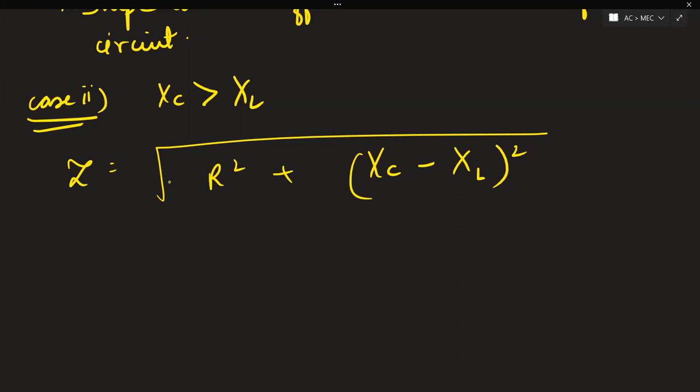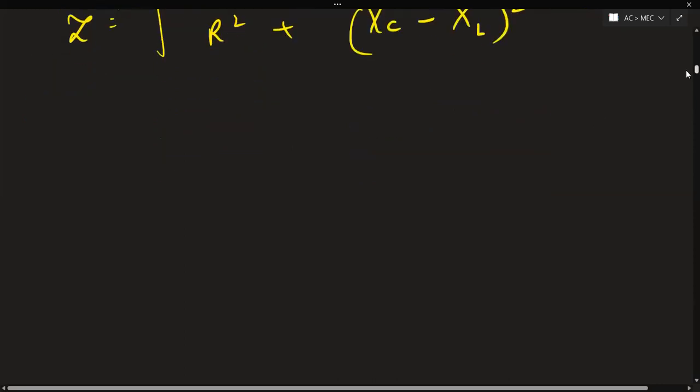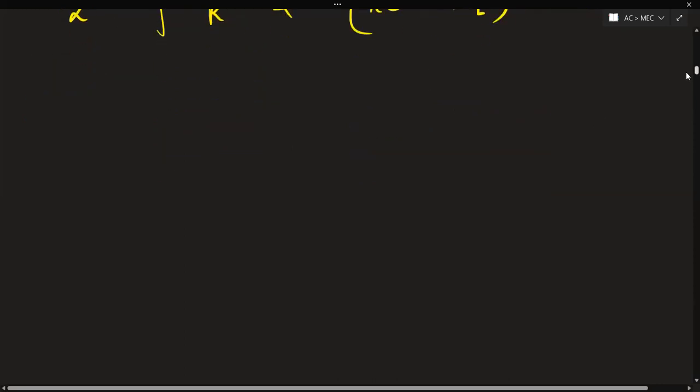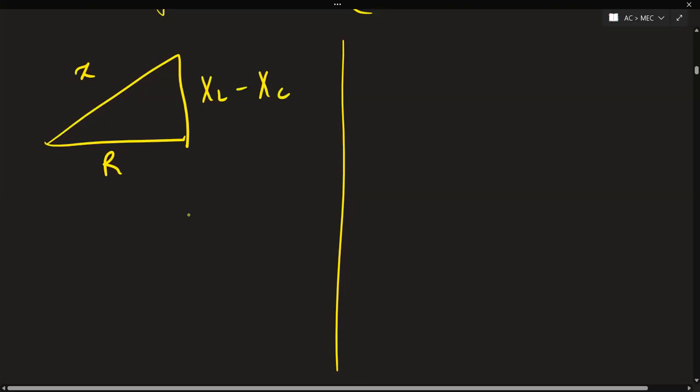In case XC and XL are not given directly and omega is given, then in terms of omega you can write it as 1 by omega C minus omega L whole square, whatever is mentioned. And in this impedance triangle also, let me compare both the cases with you so you get a clear idea. Here I have Z, R, XL minus XC.